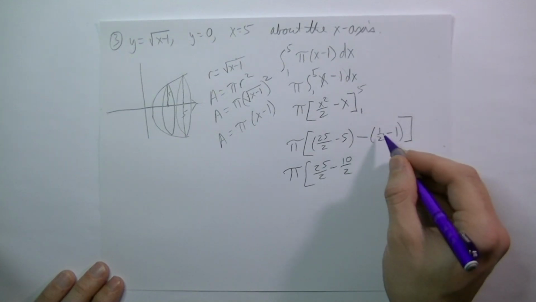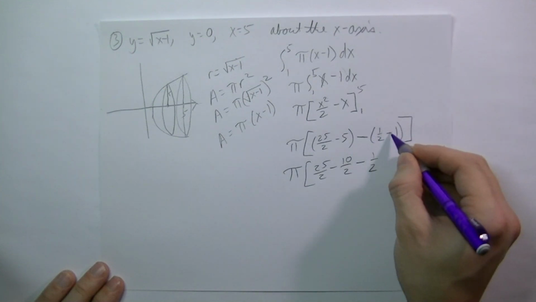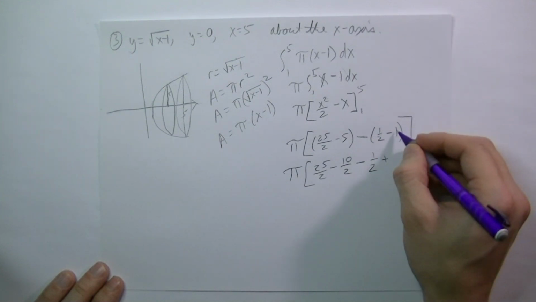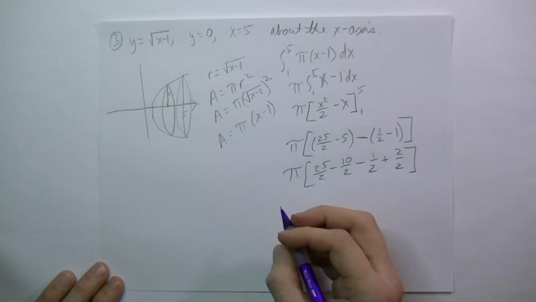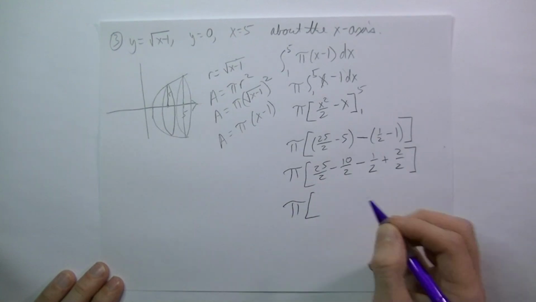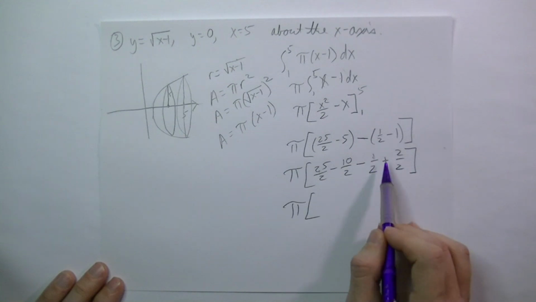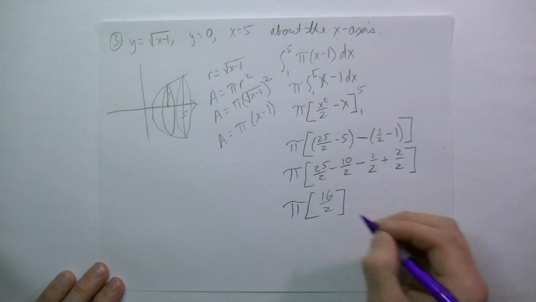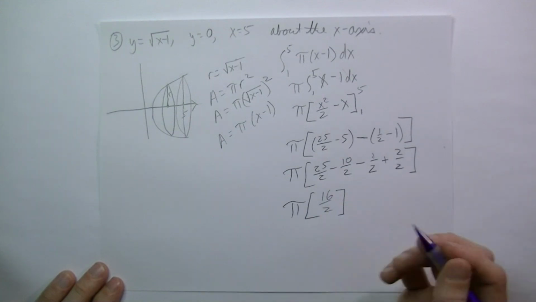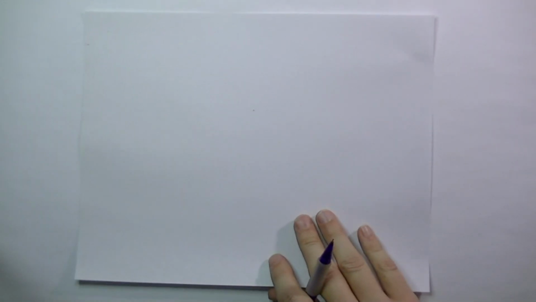And now I'm going to be subtracting this number, which it's fine, it's already over 2, and subtracting a negative, which means I'll be adding, and 1 is 2 over 2. Okay, there we go. Now 25 minus 10 is 15, minus 1 is 14, and plus 2 is 16. 16 halves, and 16 divided by 2 is 8. I get 8 pi.